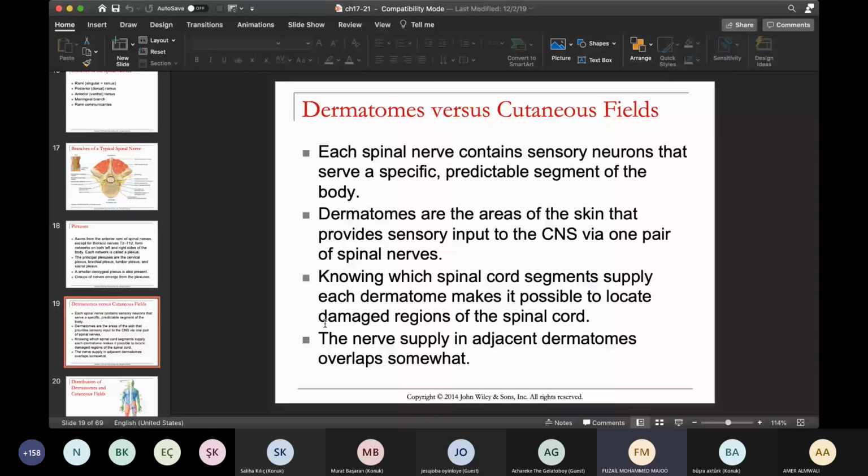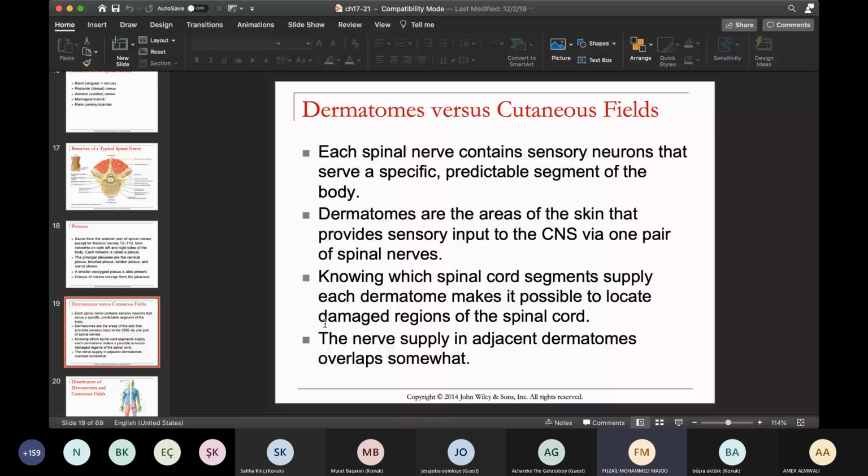Here's the skin that provides sensory information to your spinal cord and brain, your central nervous system, by a pair of spinal nerves.